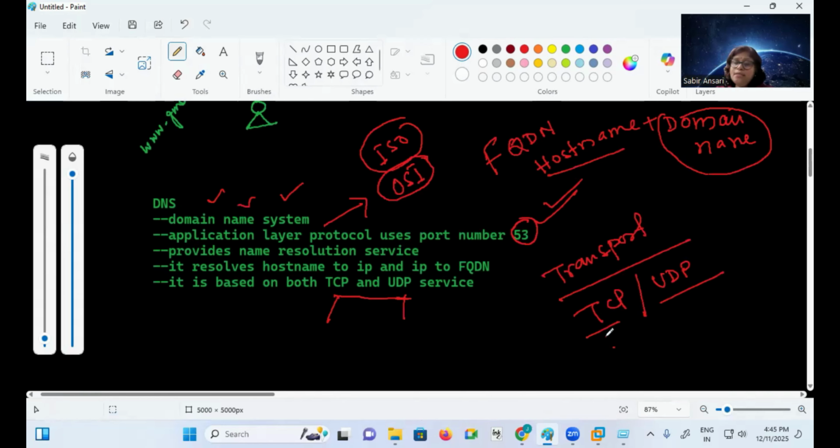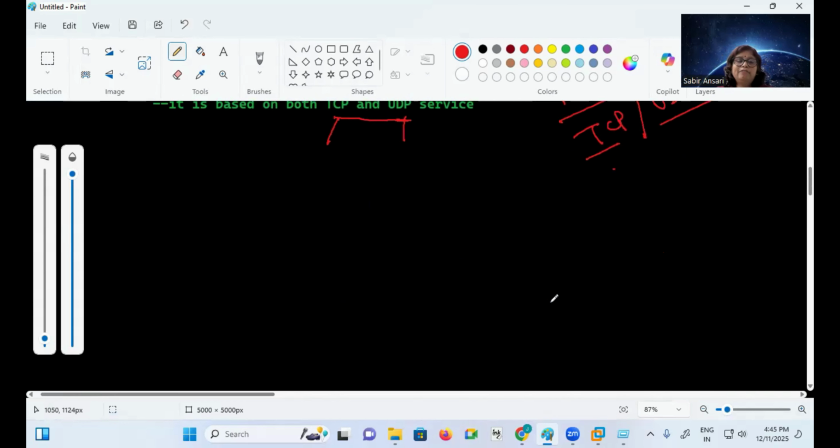Okay. Now here is the question, why we need this service? So you have to understand one thing. Suppose in a college, a professor is doing the roll call. In the college, a student is identified by the roll number. But for a professor, it is very easy to call by name because name is a very habituated thing.